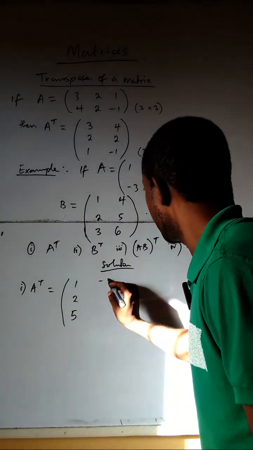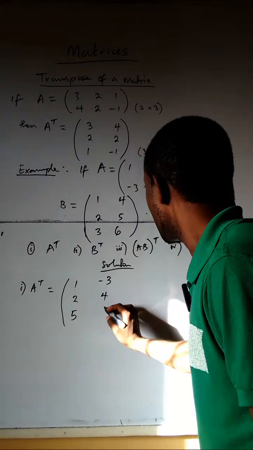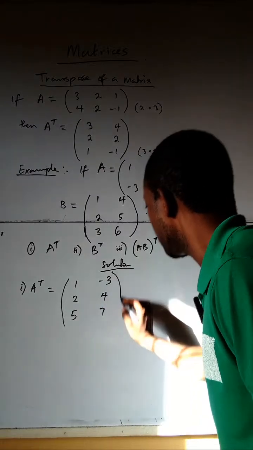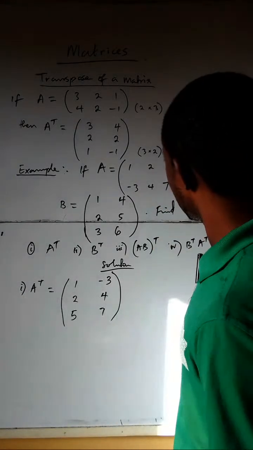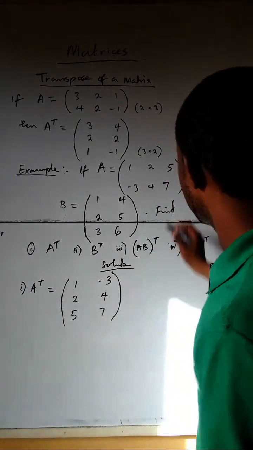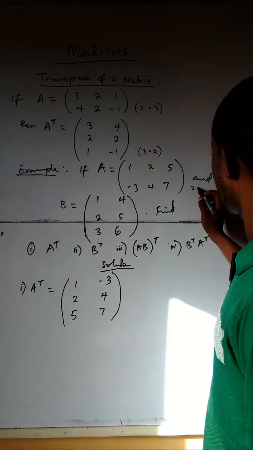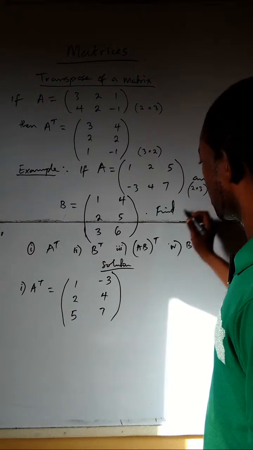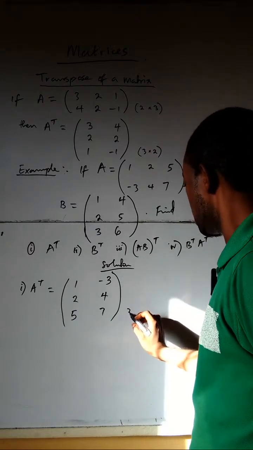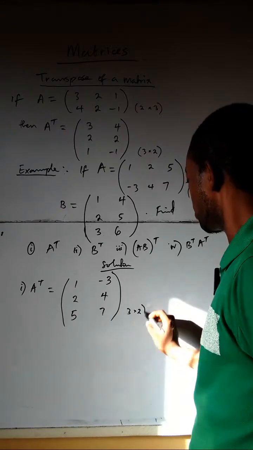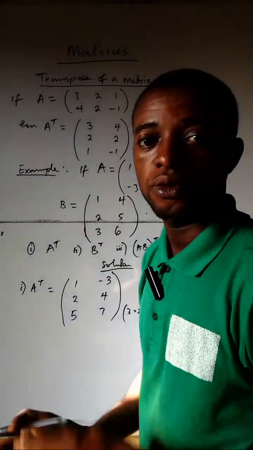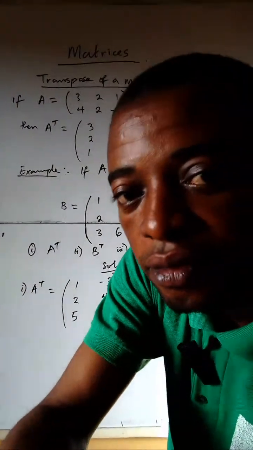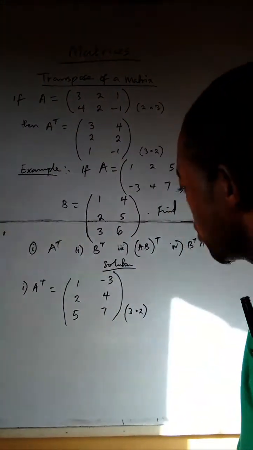Then that gives us minus 3, 4, 7. So this is A transpose here. That is, we interchange the row for the column. Then the matrix A, which is a 2 by 3 matrix, has now become a 3 by 2 matrix, which is the interchange of the row to the column.